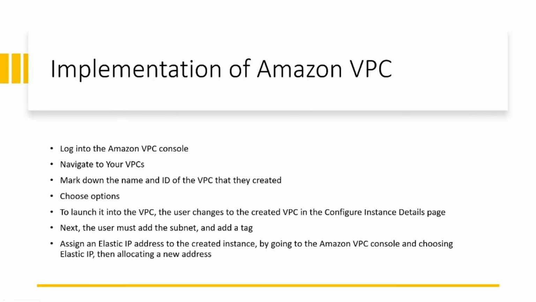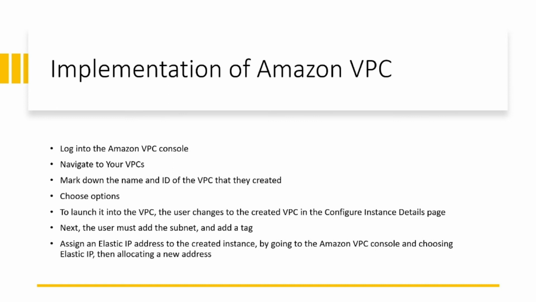For the implementation of Amazon VPC, it's extremely simple. What you do is log into the Amazon VPC console, you navigate to your VPCs, you mark down the name and ID of the VPC that you create in that interface, and then you choose options: add subnets, change IPs, whatever you want to do, filter which IPs can go in and out.